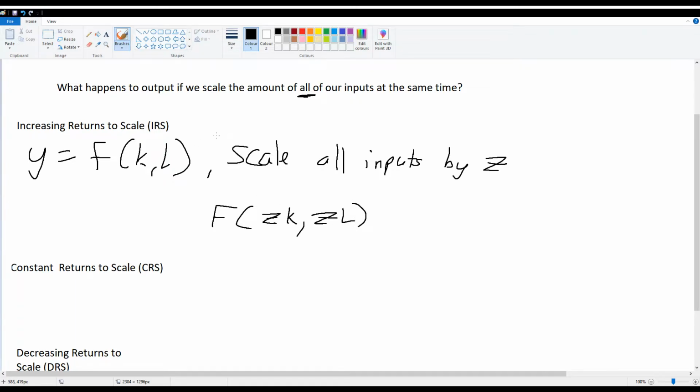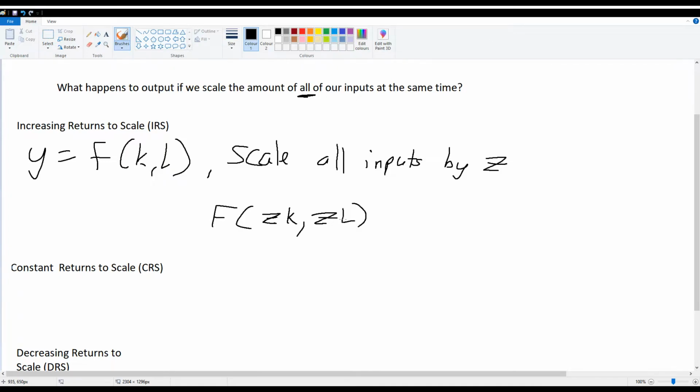Now, with increasing returns to scale, say for example, I decide to double all of my inputs. With increasing returns to scale, we actually see our output more than double. So maybe I double the amount of capital, I double the amount of labor, I might get quadruple or maybe 5 times the output.